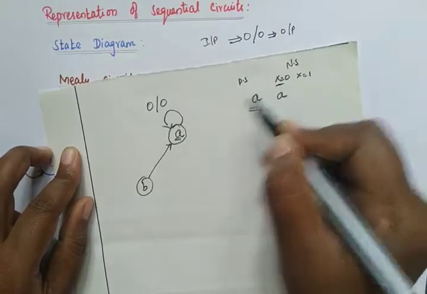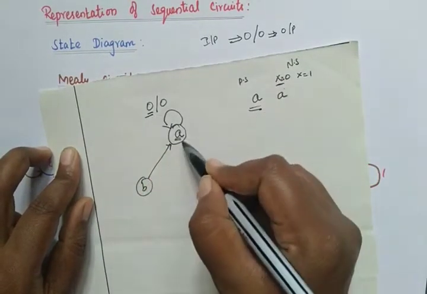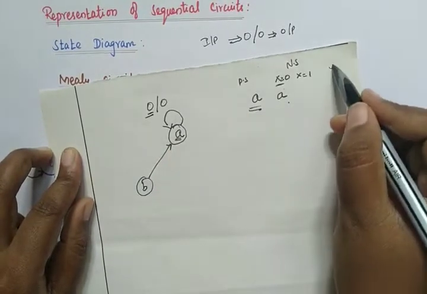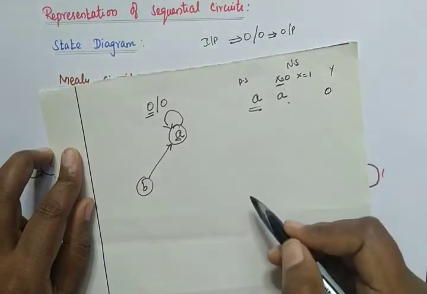If x is equal to 0, that is our input is 0, it will remain in the same state A. And the output, y, will be 0.